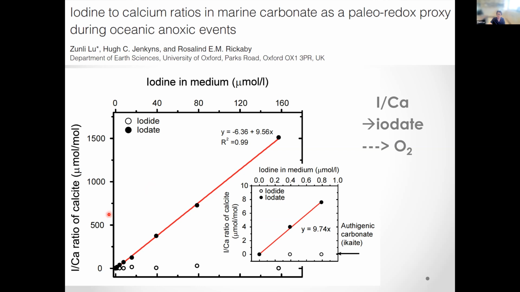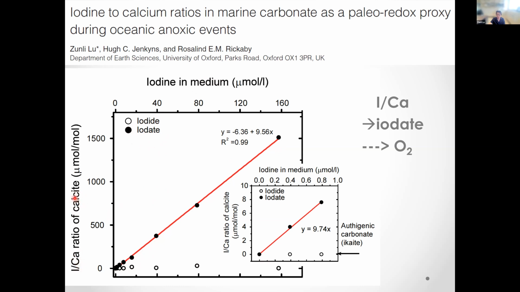So what you're looking at here is we made some calcium carbonate in laboratory conditions, and we spiked the solution, the medium, with iodide in one series of experiments, and spiked the solution with iodate in another series of experiments, and then we measured the iodine-calcium ratio in the calcite.